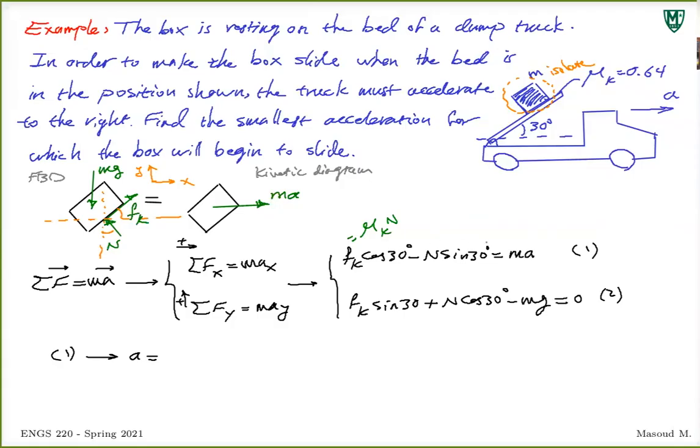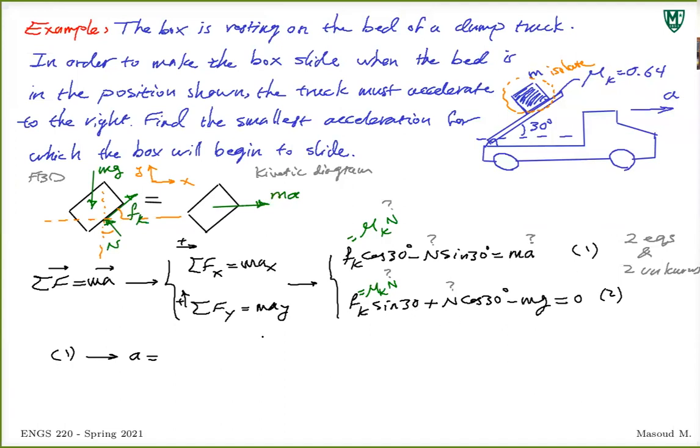I don't know what a is, and I don't know what N is. So remember, this is also mu k N, and I don't know N. So two equations, two unknowns. Mathematically, we can solve this.